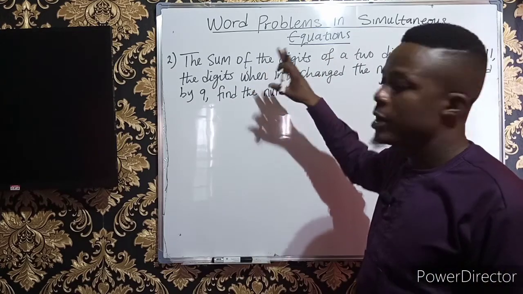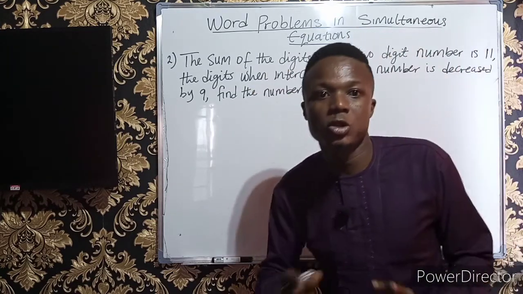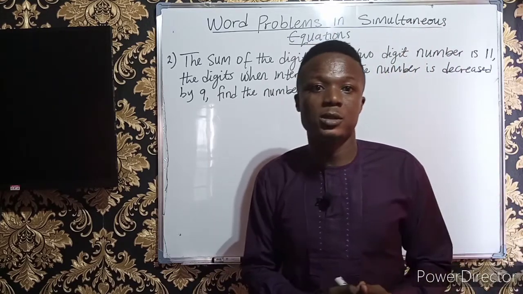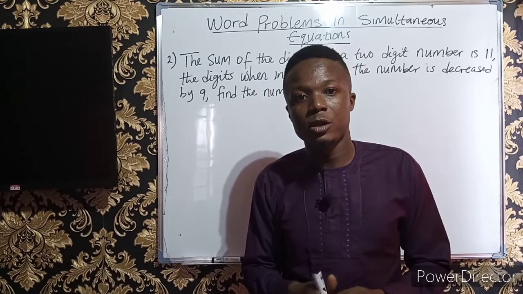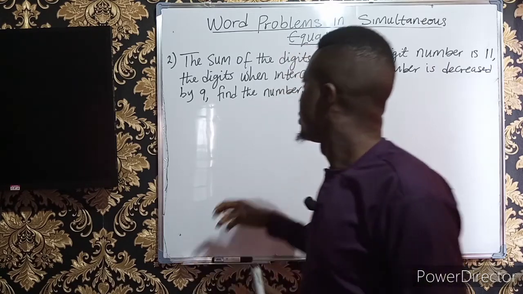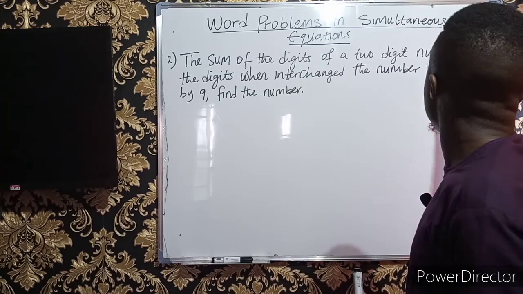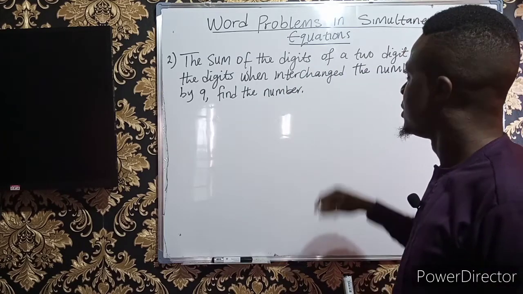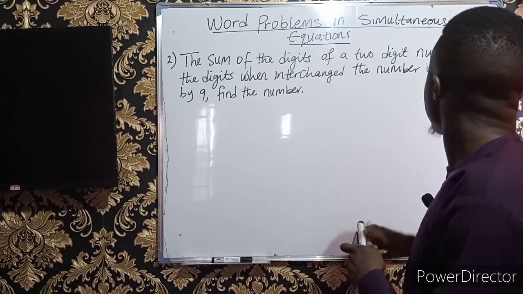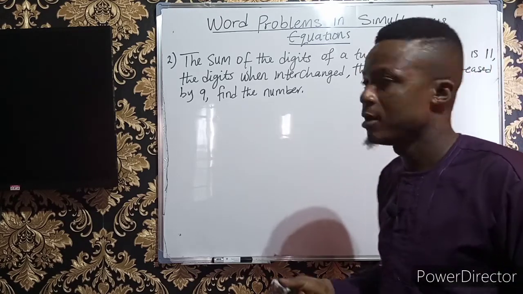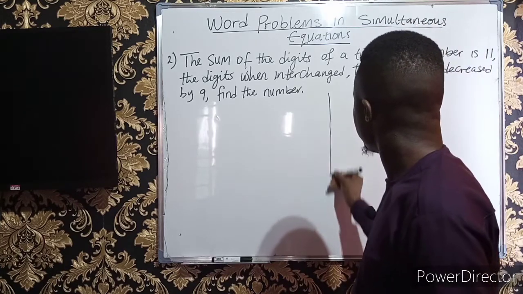So let us take a second problem to ensure you master these solutions to word problems that are seen in simultaneous equations. The second question goes: the sum of the digits of a 2-digit number is 11. The digits, when interchanged, the number is decreased by 9. Find the number. So now we have a 2-digit number.